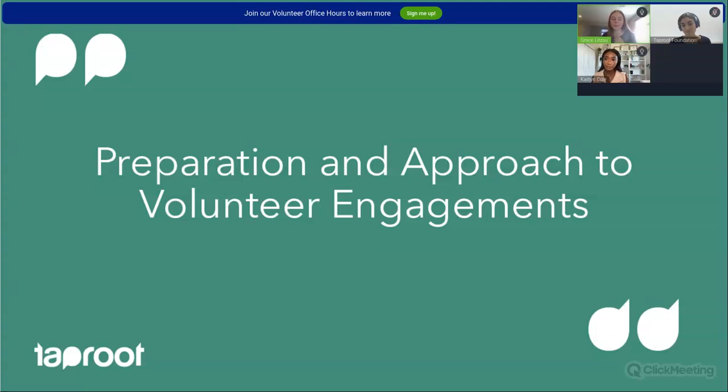And some of my colleagues at Taproot call that the golden rule of pro bono, which is like that's how you diminish any sort of power imbalance between the expert and the nonprofit, and make sure that there's a really high quality of work that's done as a volunteer.